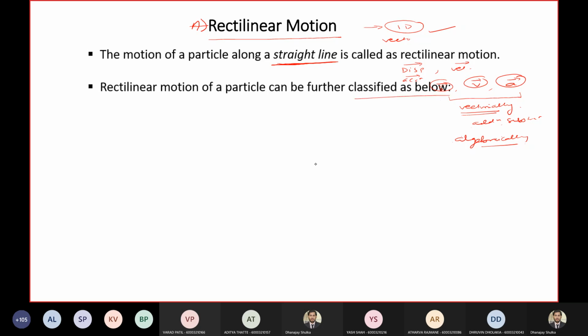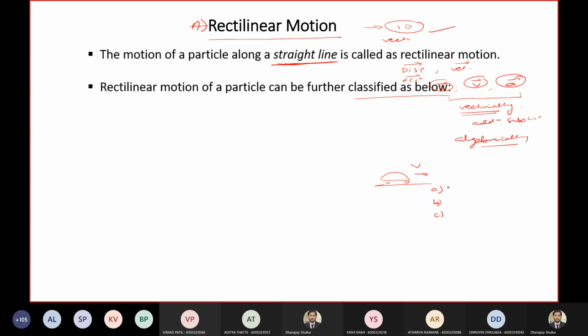Whenever we are going to consider a body, let's say the car example that I took, a car moving on a straight road with some velocity. Now this is rectilinear motion, but it may be possible in three different scenarios.